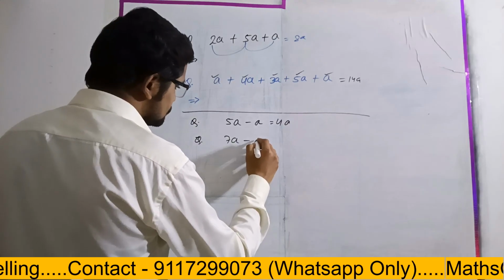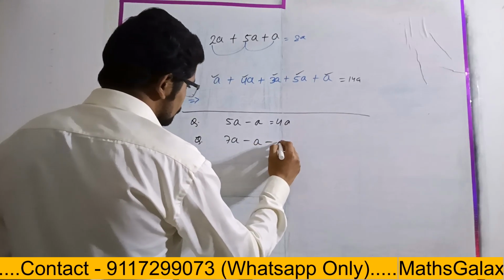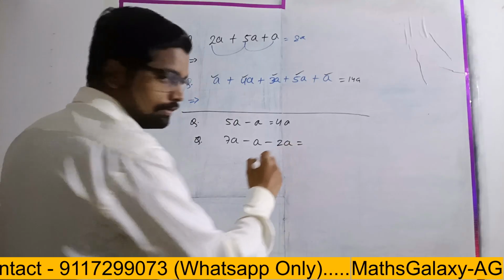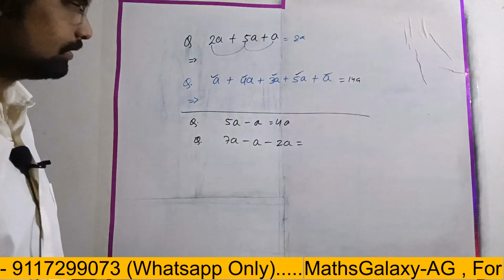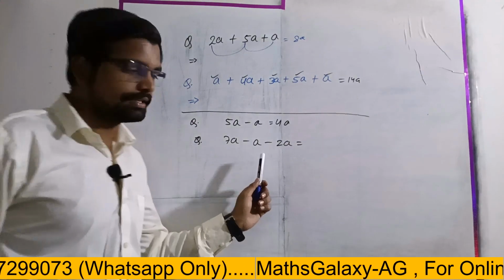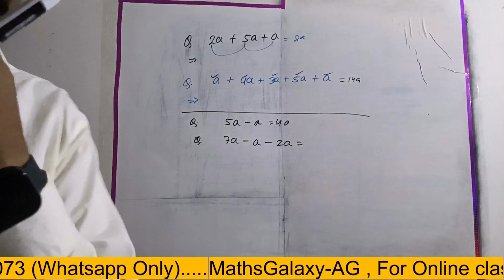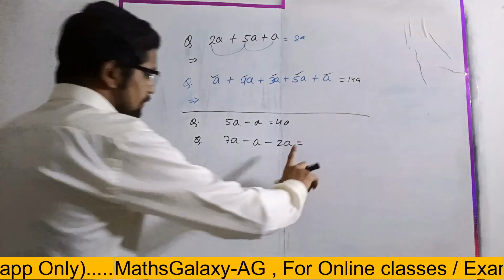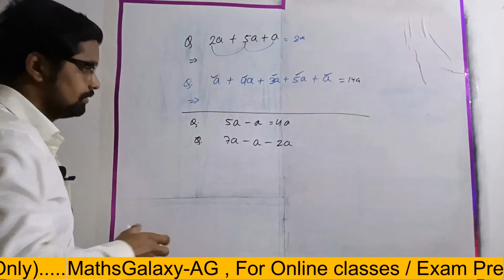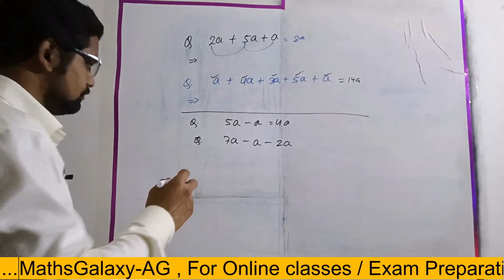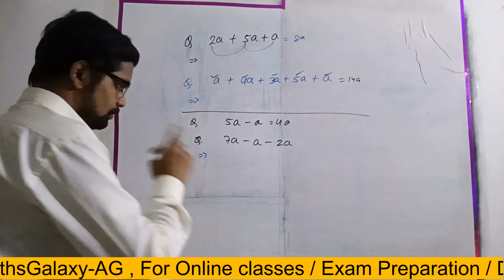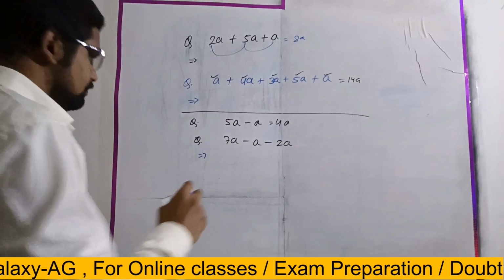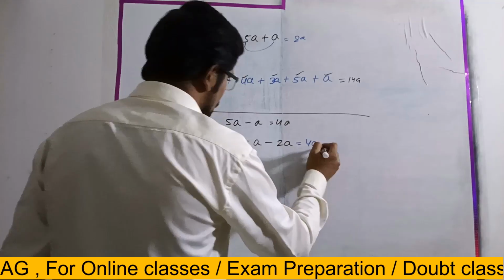Now 7a minus a minus 2a. 4a. Okay, it will be 4a. Yes, good.